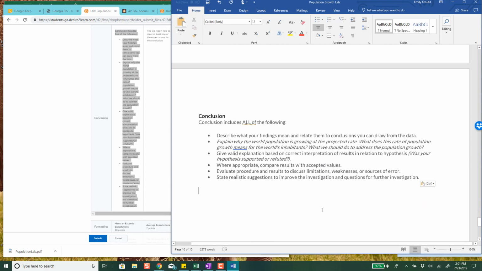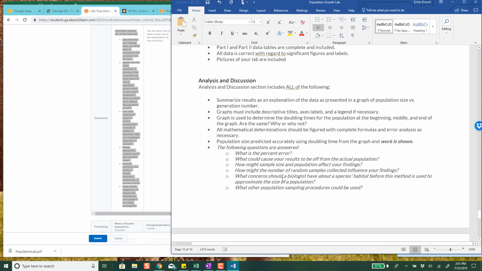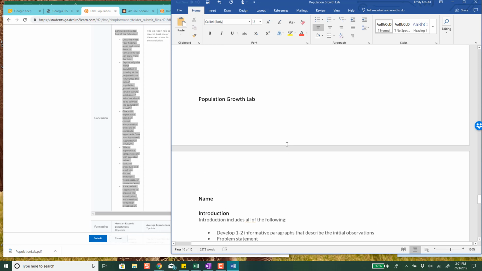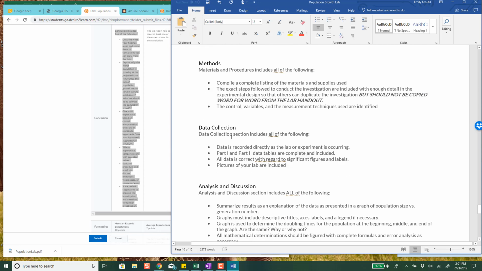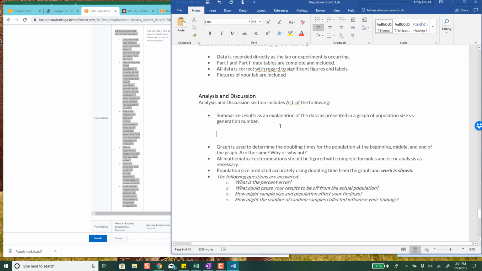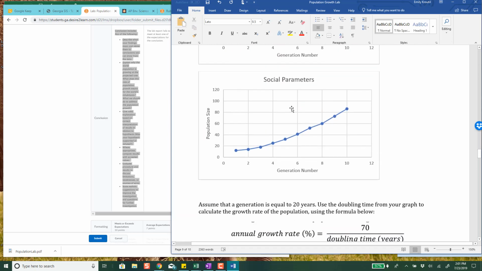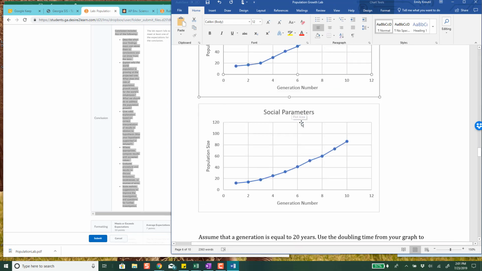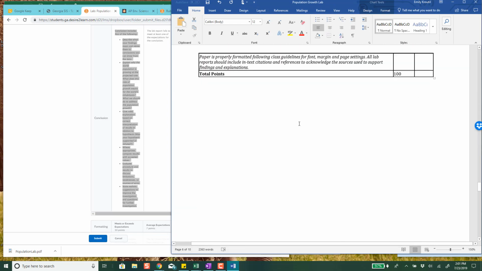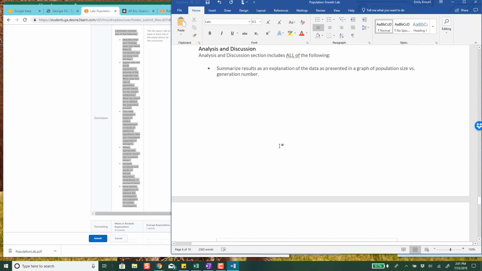Okay. And then you'll just fill it in, put your stuff in there where it goes. So if you have data tables, you'll put them in the data section. Your graphs, instead of this, just put your graphs in here, right? So I'm going to take the graphs that I made and plot my graph in right here.